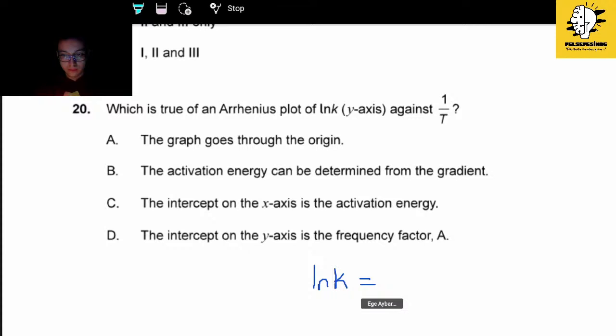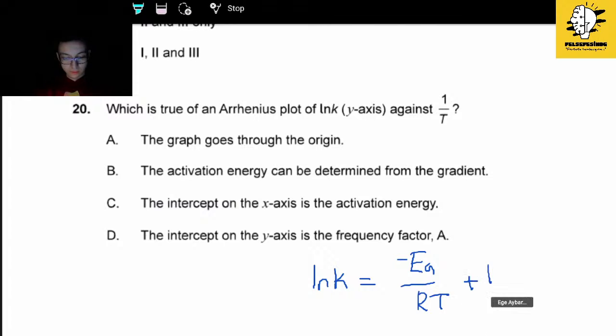And this will actually remind you of something we learned in mathematics. All right, this is the equation.